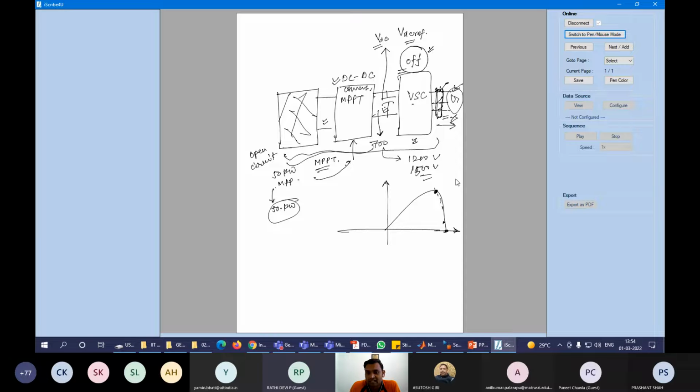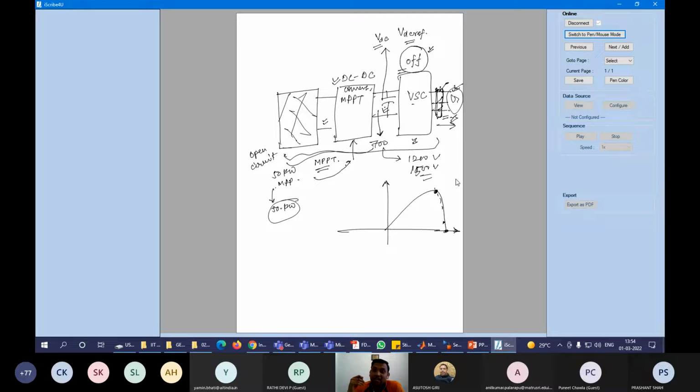Therefore, if you design this DC link capacitor for 700 volt, we have to include a safety factor. So 25 to 30% we can include as the safety factor. So actual voltage plus 25% of its rated voltage. But hardly it is 900 volt, 1000 volt or 1200 volt, not more than that.